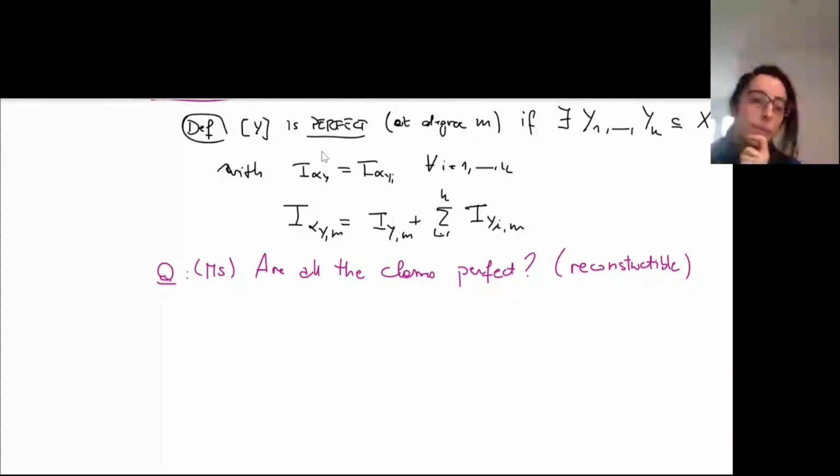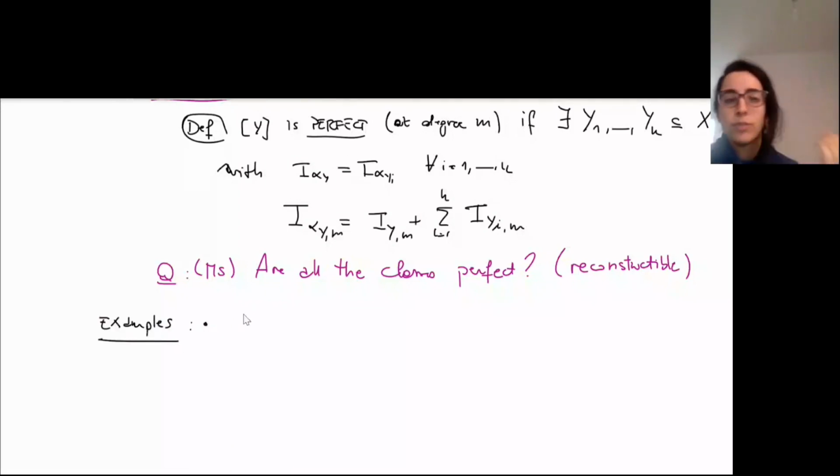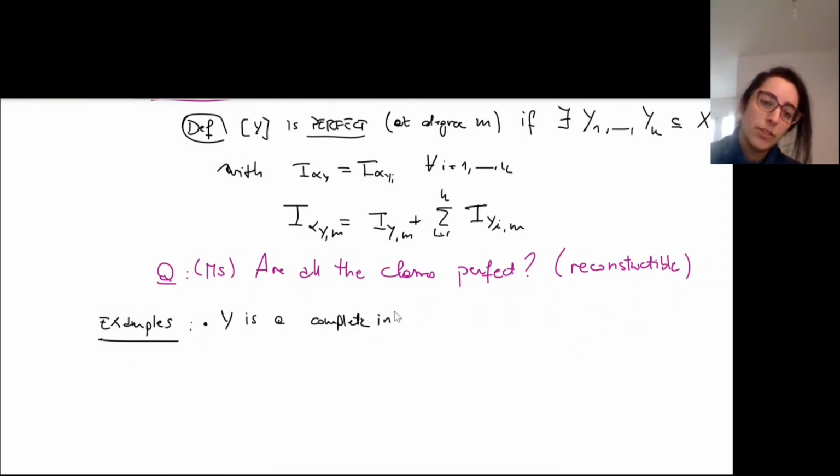There are examples. They knew, I think Griffiths, maybe Ellia, Gruson, Peskine for sure they knew, Movasati and others knew, that if Y is a complete intersection of varieties inside X, then it is perfect.